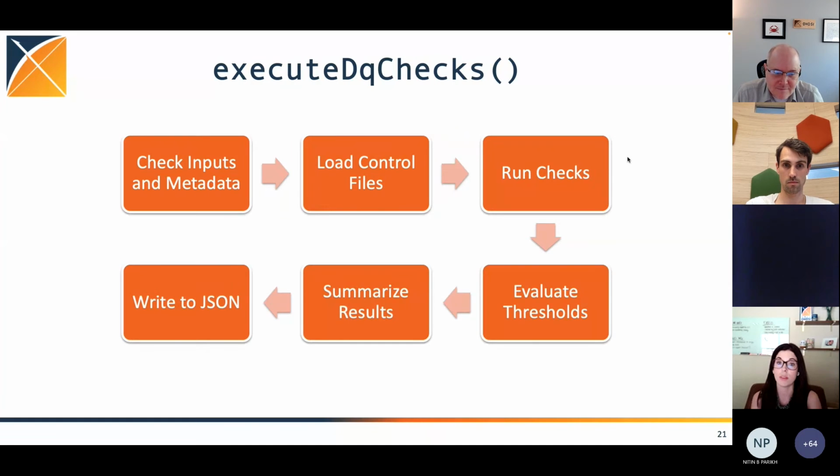It's going to load in the control files, and you can either use the ones that are defaulted in the package itself, or you can change them up a little bit to make sure that you have the proper thresholds you want, and you can actually add some metadata and some notes in there. So once those are loaded up, it's going to run the checks, evaluate the thresholds, summarize the results, and then write it out to a JSON.